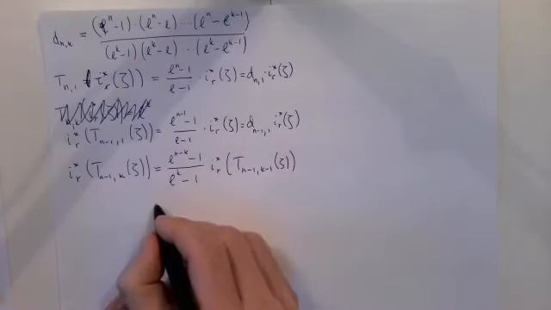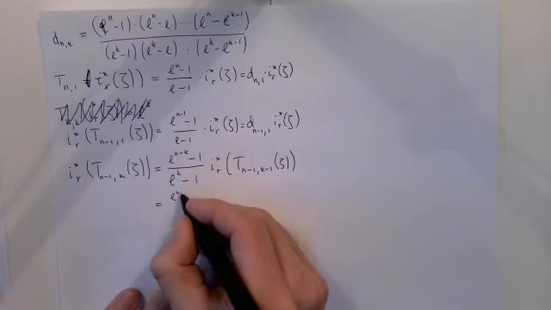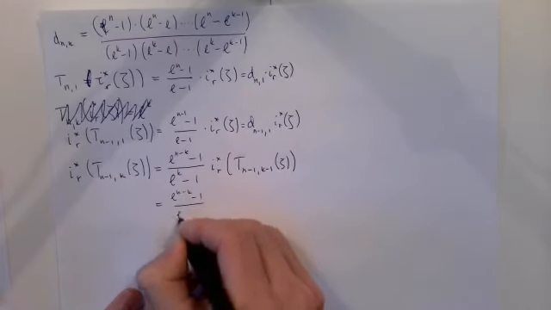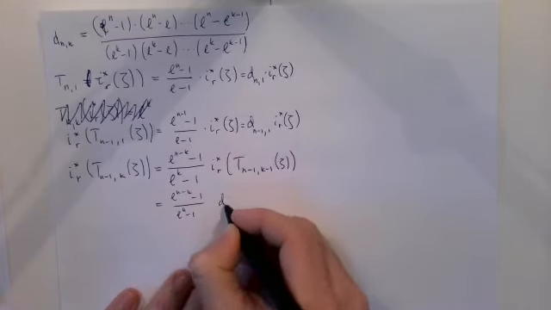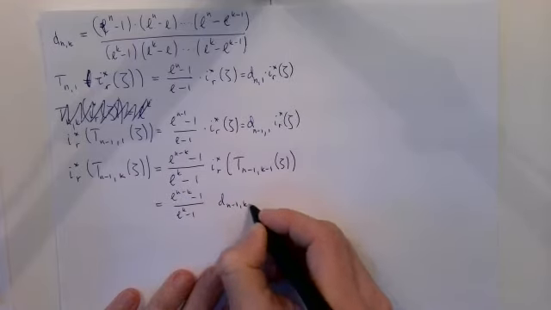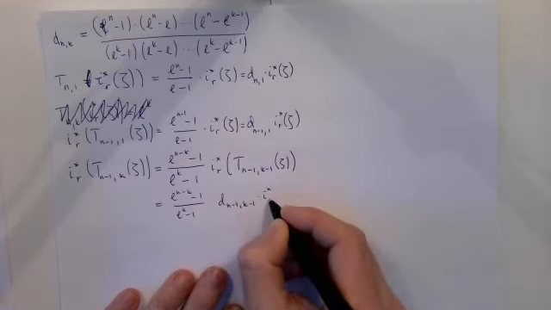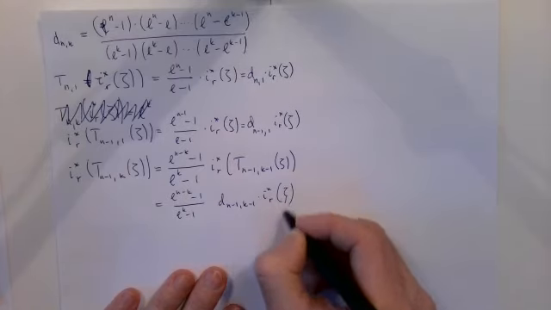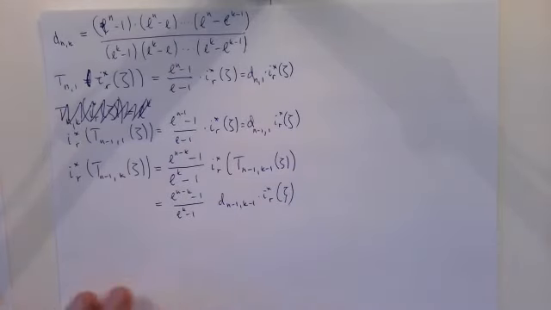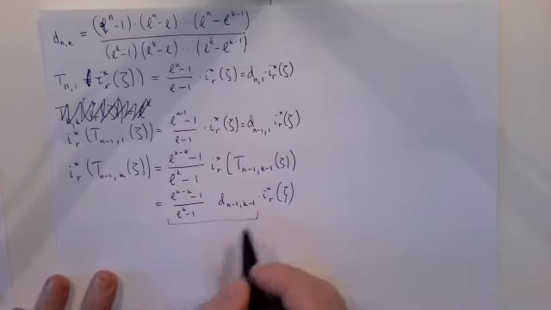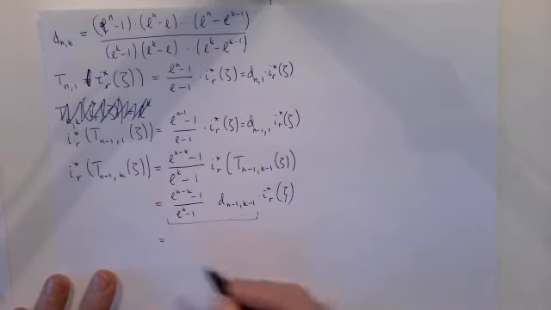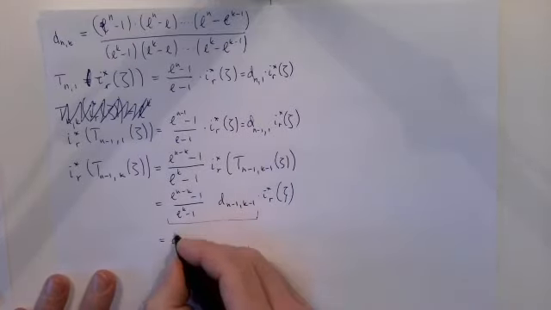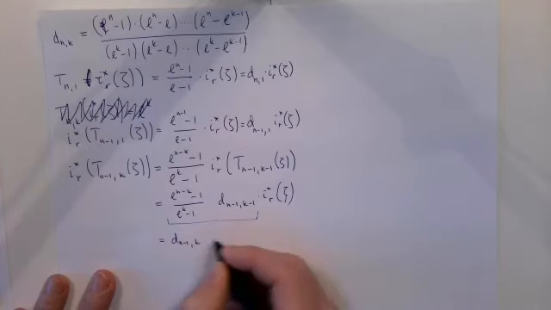And by induction, I'm assuming that that part is d_{n-1,k-1} times the inclusion of zeta. But from the formula, you can clearly see that this is the same as d_{n-1,k}.